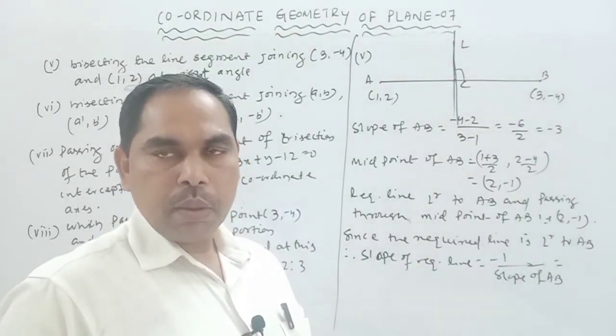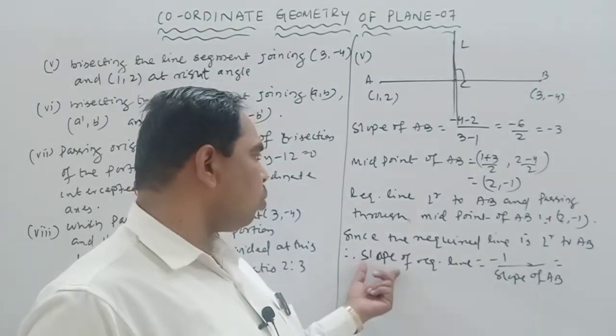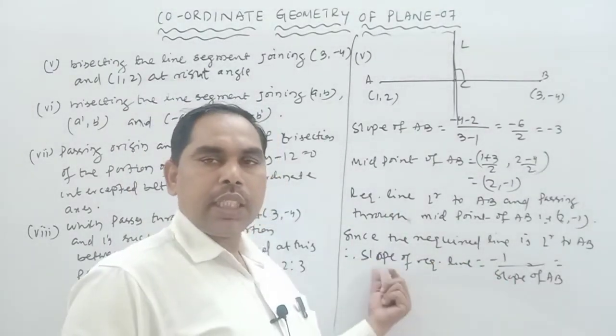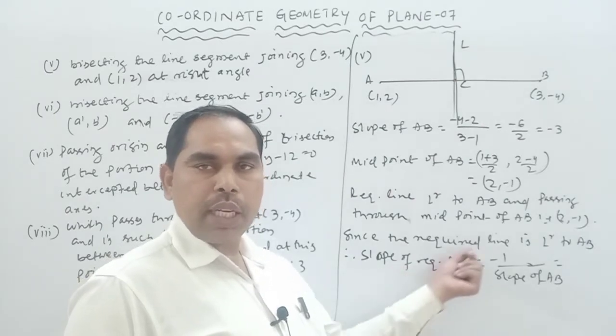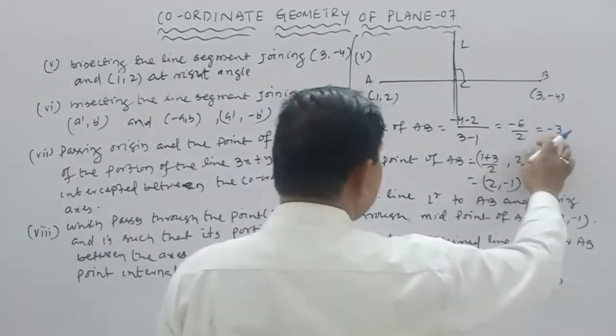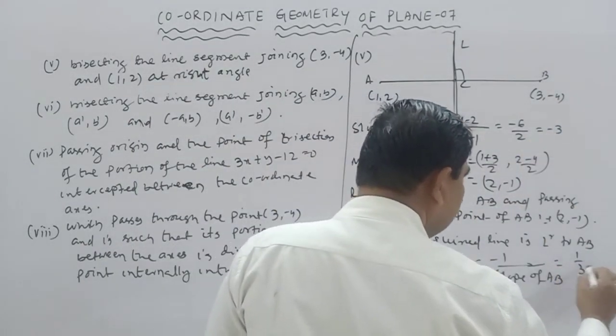So the slope of the required line into the slope of AB is equal to -1. Hence the slope of the required line is -1 by slope of AB. The slope of AB is -3, so this is 1 by 3.